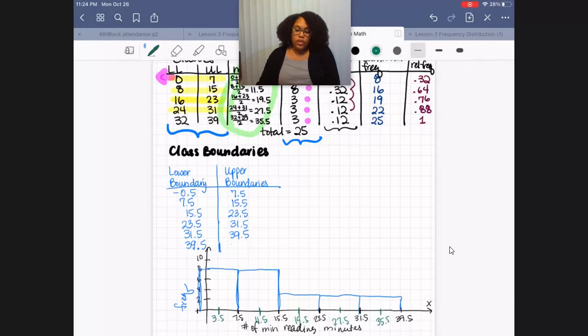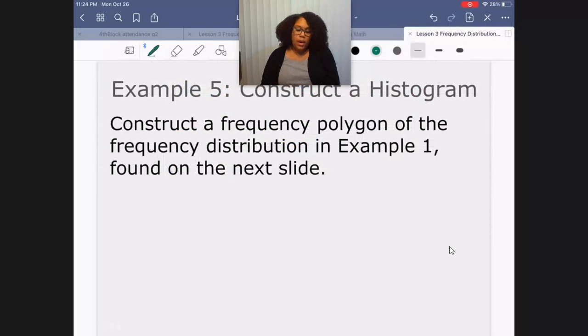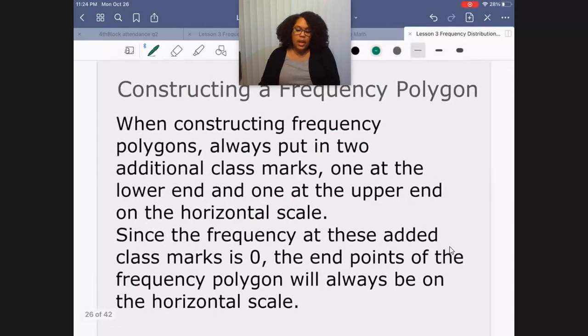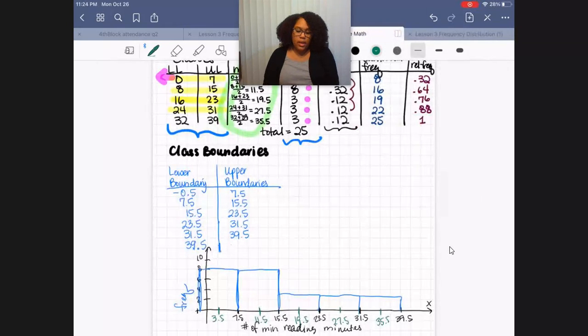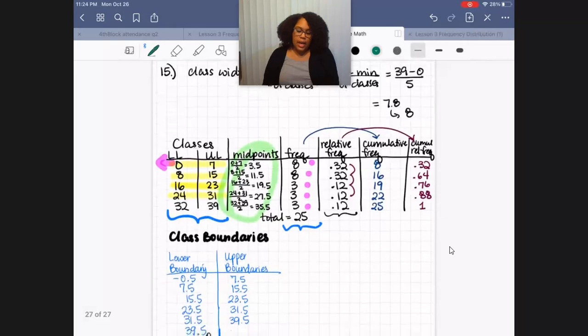What our instructions will say to do now for a frequency polygon is to add an additional midpoint. We're going to add one at the beginning, and we're going to add one at the end. And this is where our class width is going to come back into play. Remember our class width was 8.